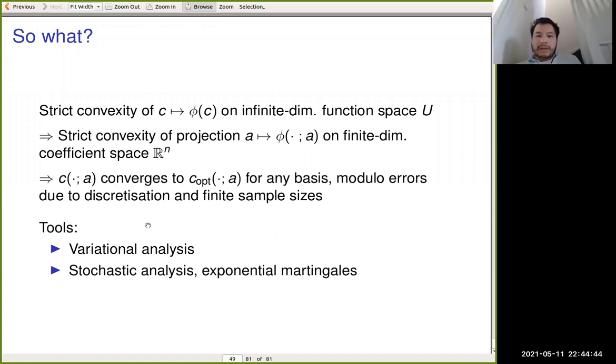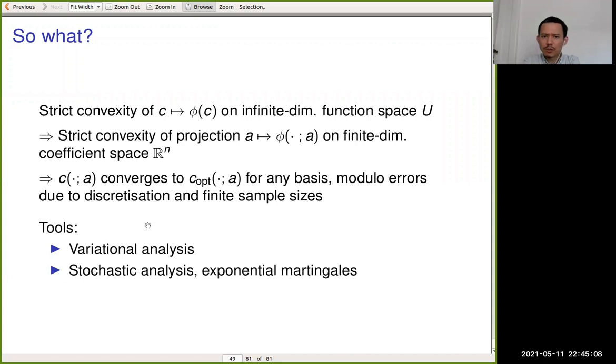Another question is, if you have a different B, then you need to redo the algorithm, right?